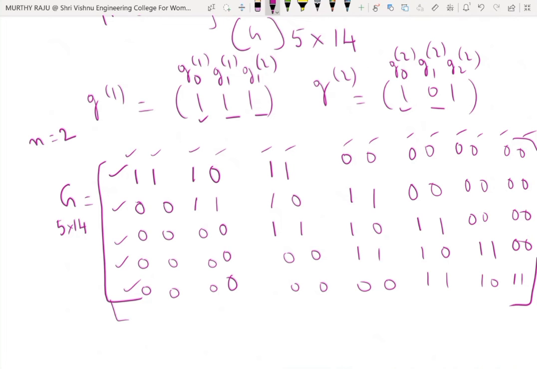This is the generator matrix design. Each row of G is identical to the preceding row but shifted by n places. Here n is equal to 2 because the number of outputs of the convolutional encoder is 2.